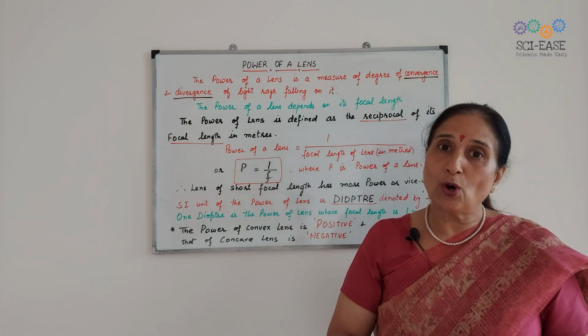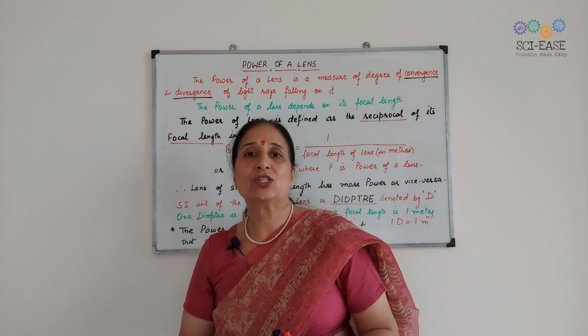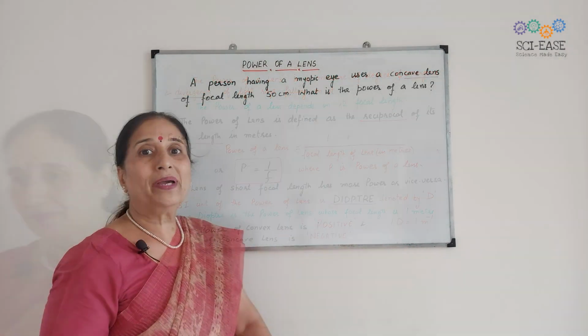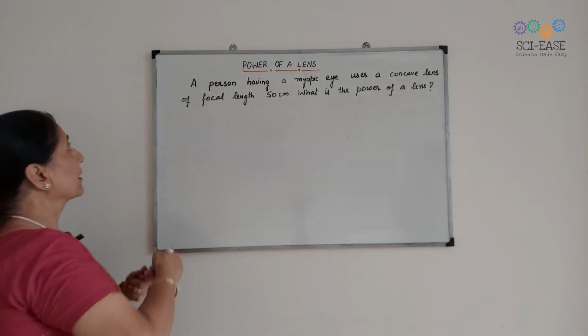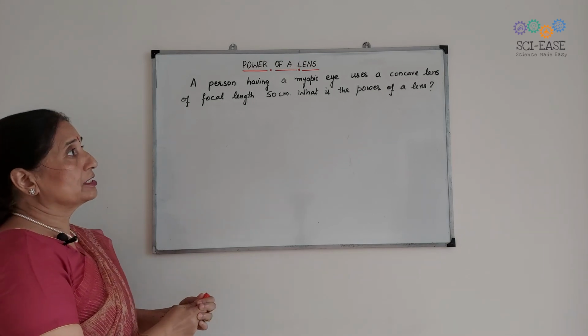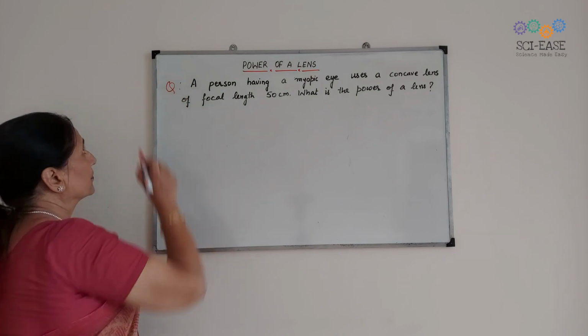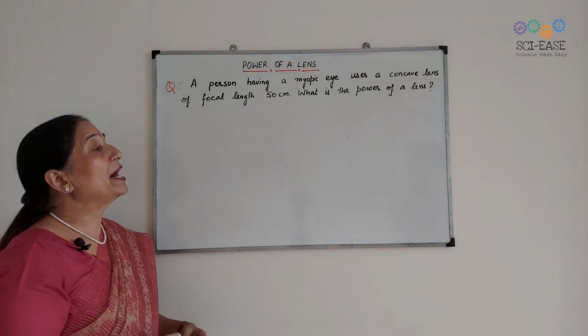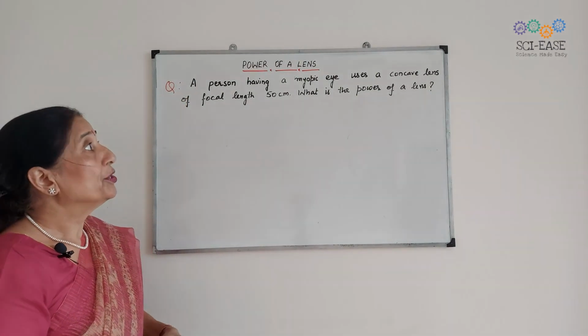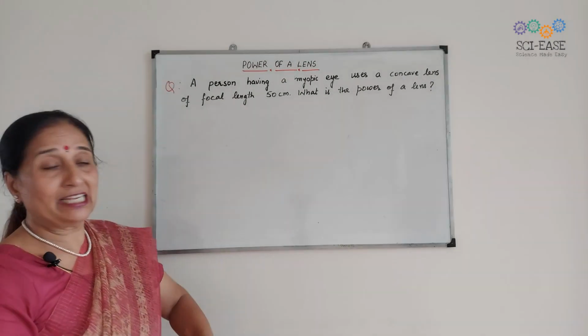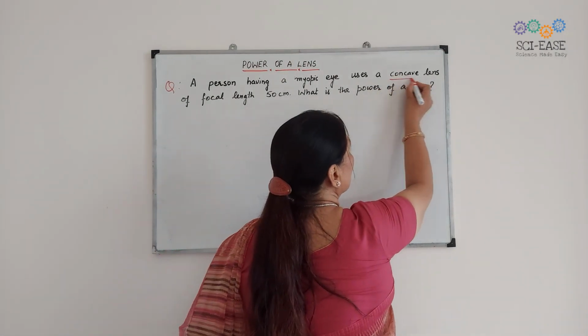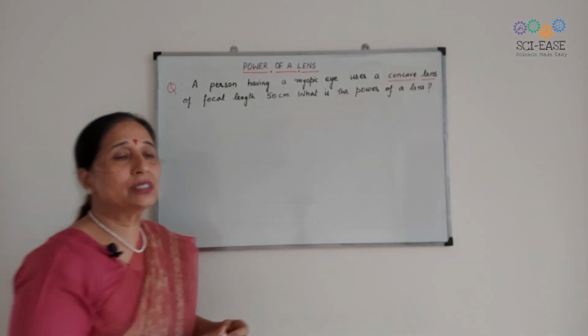Now we will solve one numerical based on this power. I will read first the statement. This is the question. A person having a myopic eye uses a concave lens. We should see this, which lens is used.